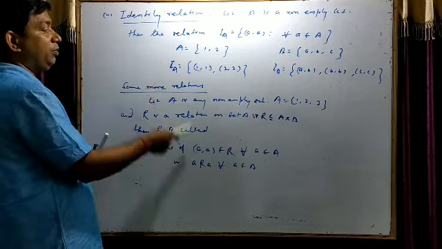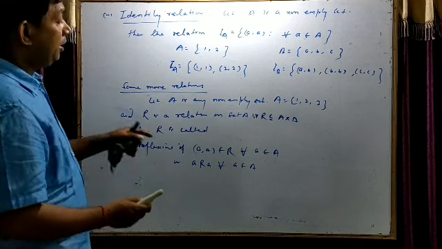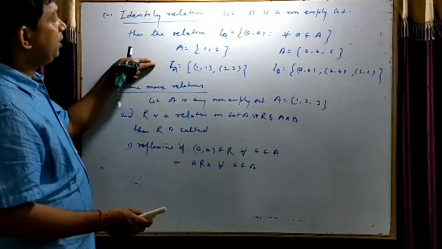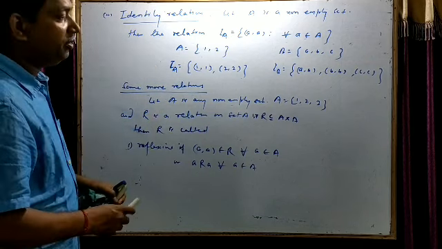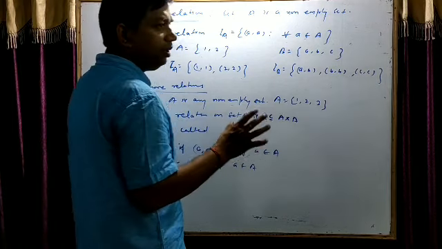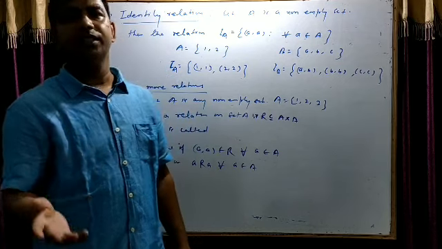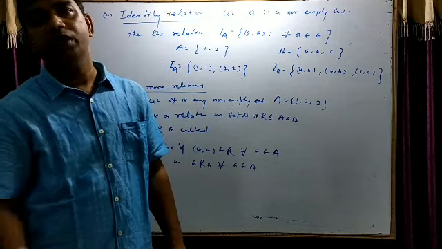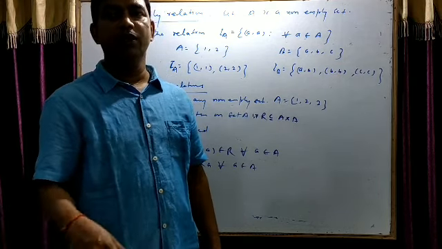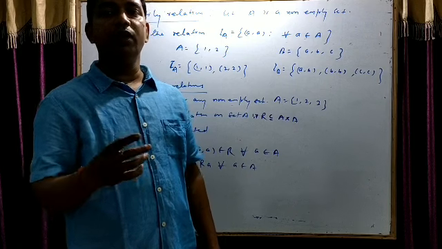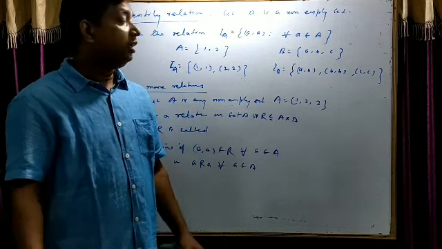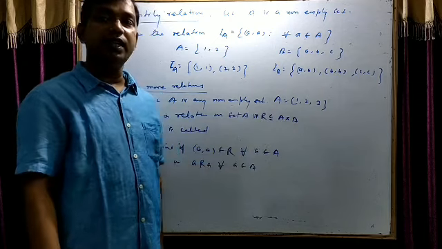So that is why I am telling you, there is a confusion between identity relation and reflexive relation. So just clear it. Take this example: all squares are also rectangles, but rectangles we cannot say are squares. Why? Because in a rectangle only opposite sides are equal, and in a square all the sides are equal.